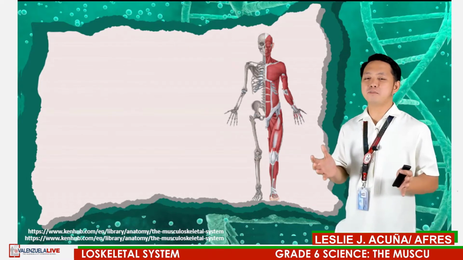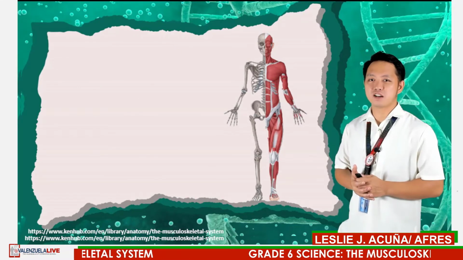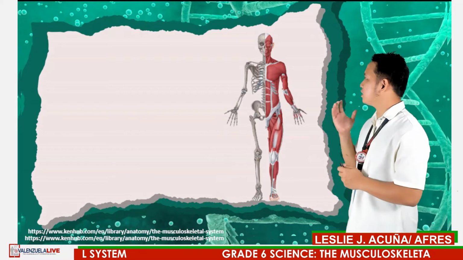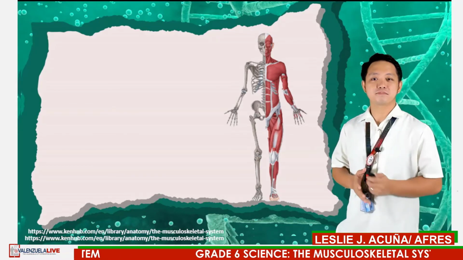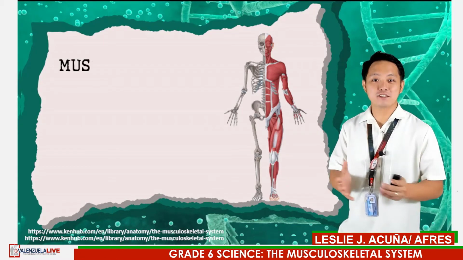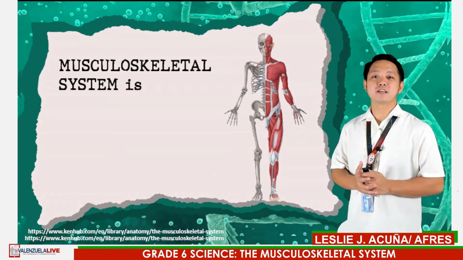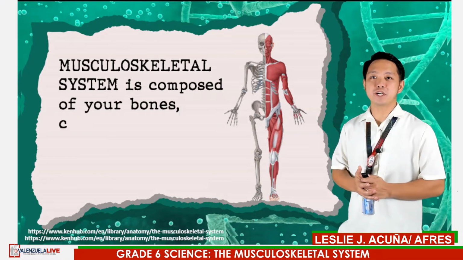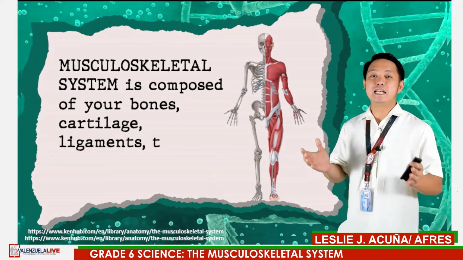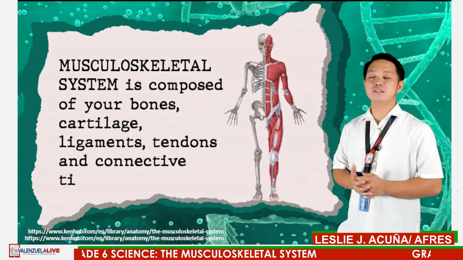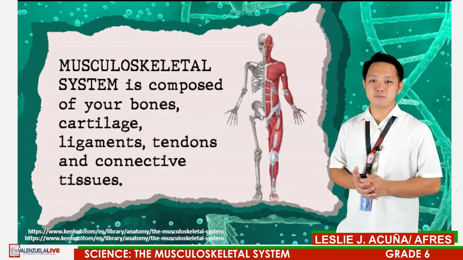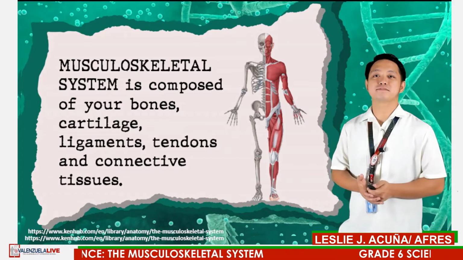So, what are the parts and functions of the musculoskeletal system? The musculoskeletal system is composed of your bones, ligaments, tendons, and connective tissues.